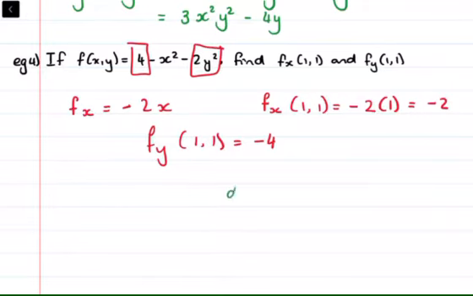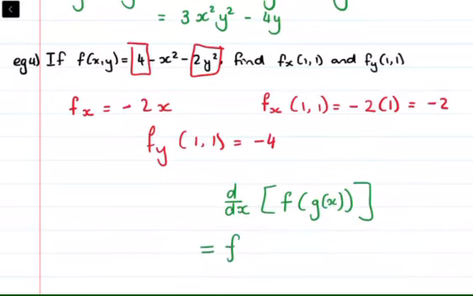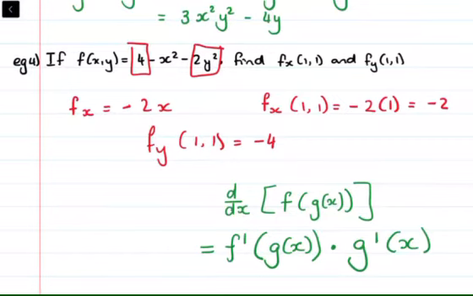We had to find the derivative with respect to x, let's say, of f at g of x. So we called it the composition of a function. What we did is to find the derivative of the outer function, evaluated at the inner function, multiplied by the derivative of the inner function. Right. So this was chain rule.